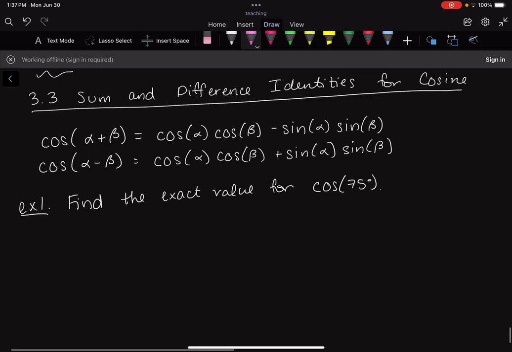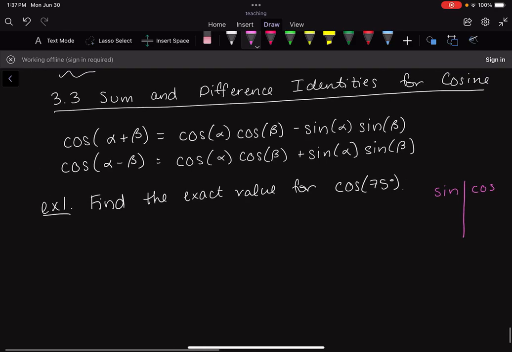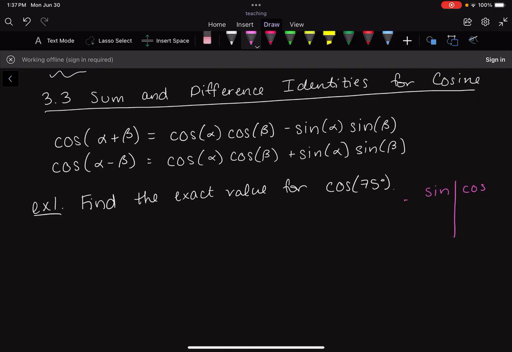So remember that we have our table, so we have sine, cosine, 30, 45, and 60. And so sine is 1/2, root 2 over 2, root 3 over 2, cosine root 3 over 2, root 2 over 2, and 1 over 2.